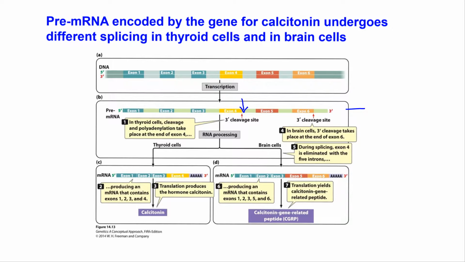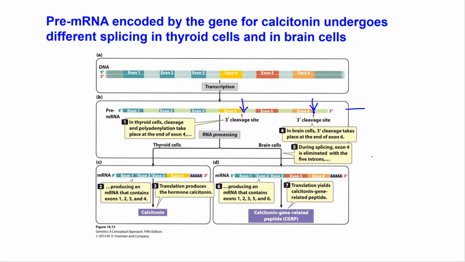in the circulation. Contrary to that, in brain, a 3' cleavage site at the end of exon 6 is recognized. So the pre-mRNA is cleaved at the end of exon 6. However, there is also alternative splicing.